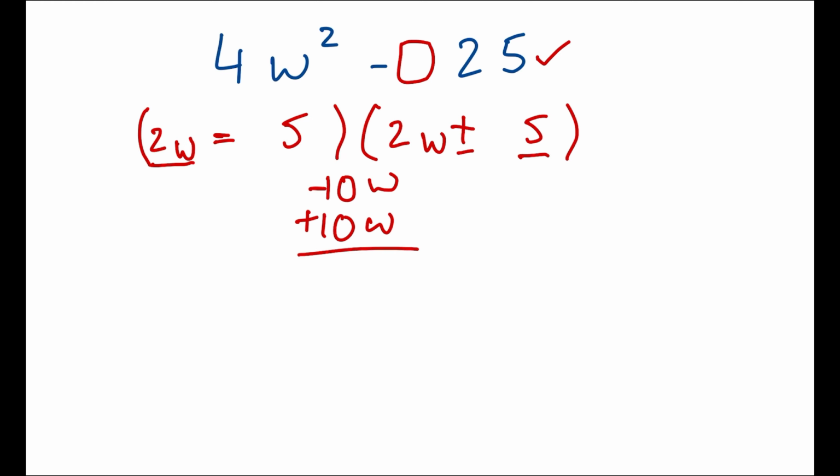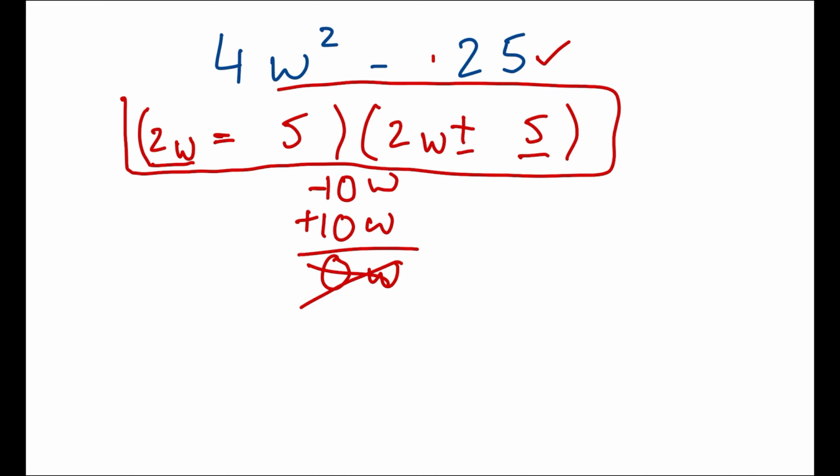So now you add them up together. Minus 10w plus 10w will give you 0, and w bring down. So anything with 0 in front, you don't need to write it. So that's why there is a missing term here. So you just leave it out, you don't have to write it. So there you are. That's your answer right here.